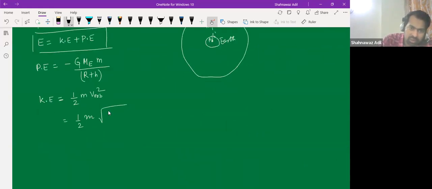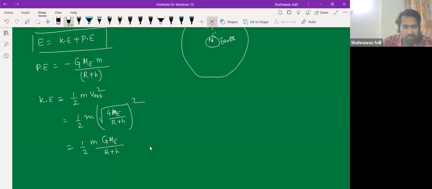So root G M_E by r plus h, the whole square, so this root will vanish. So this is half m G M_E by R plus H. Is that correct, guys? So let us write it appropriately: half G M_E m divided by R plus H. This is the kinetic energy.